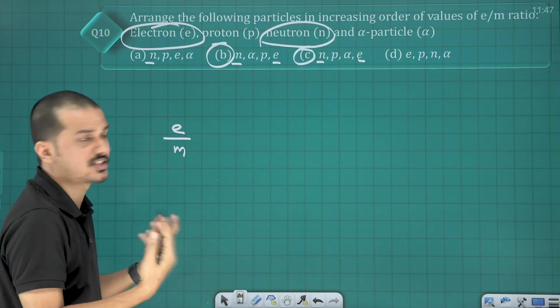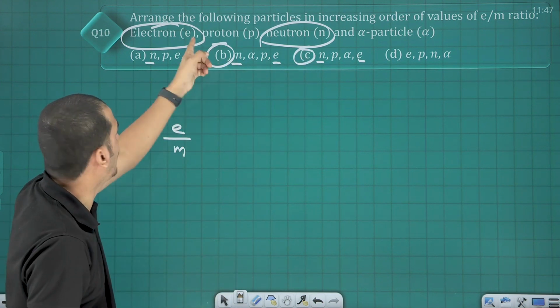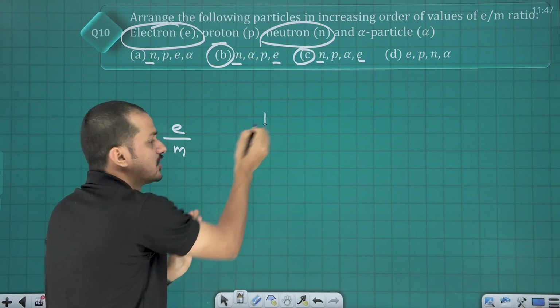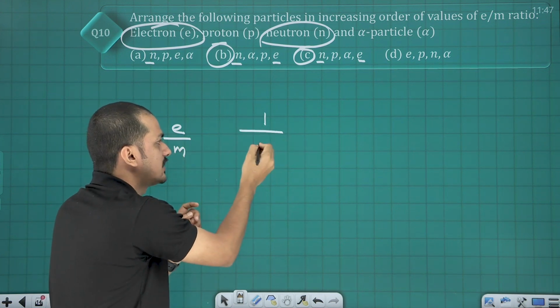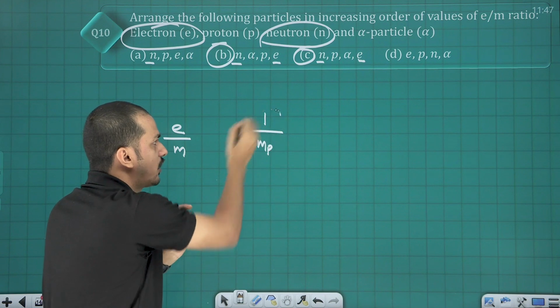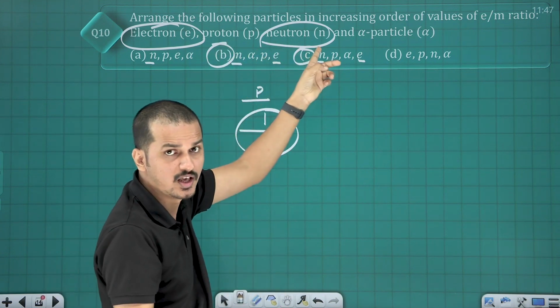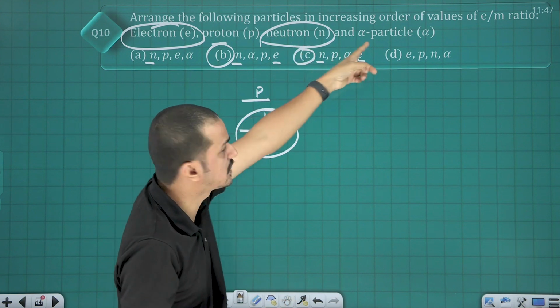Now we can try to solve it. About proton and alpha particle: the charge of proton I am taking as 1, and its mass is m, the mass of proton. What about the alpha particle?